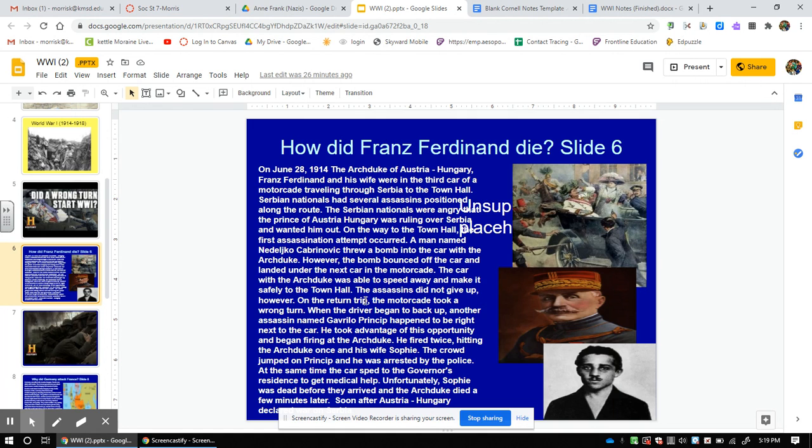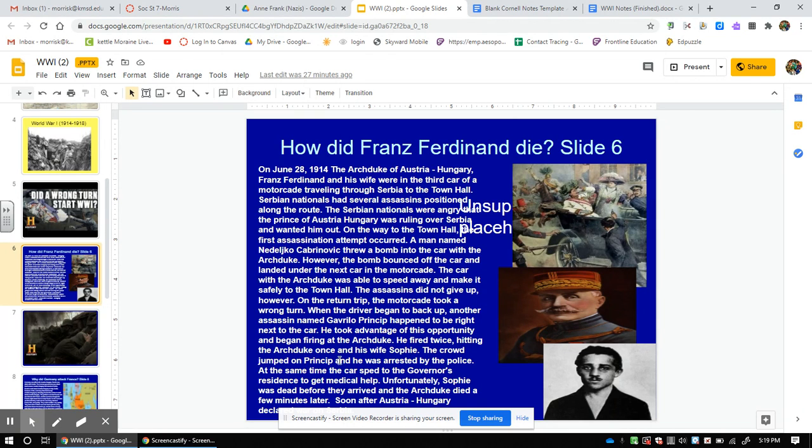On the return trip, the motorcade took a wrong turn. When the driver began to back up, another assassin named Gavrilo Princip happened to be right next to the car. He took full advantage of this opportunity and began firing at the Archduke. He fired twice, hitting the Archduke once and his wife Sophie.